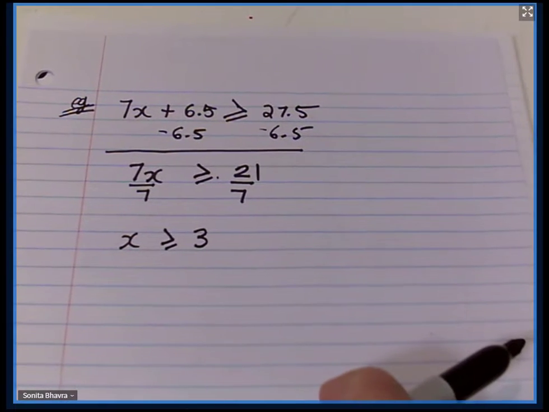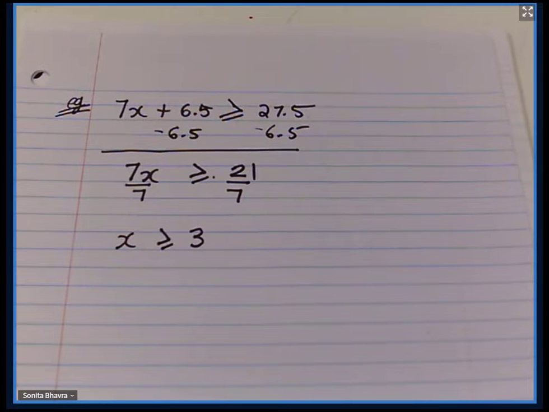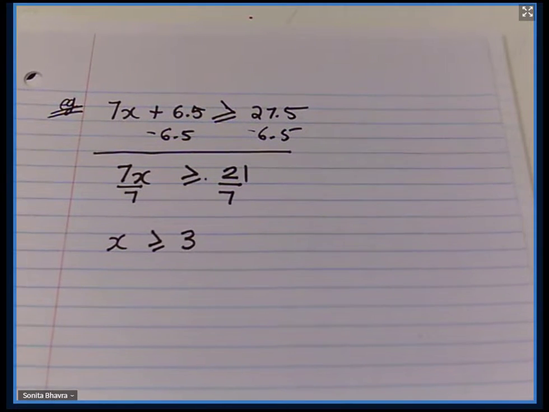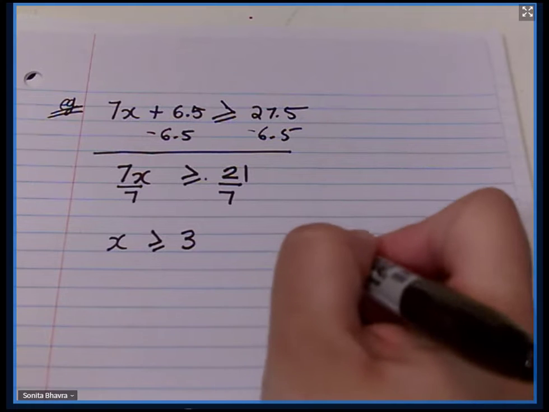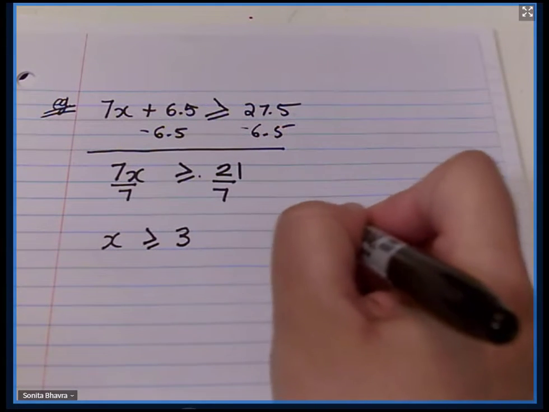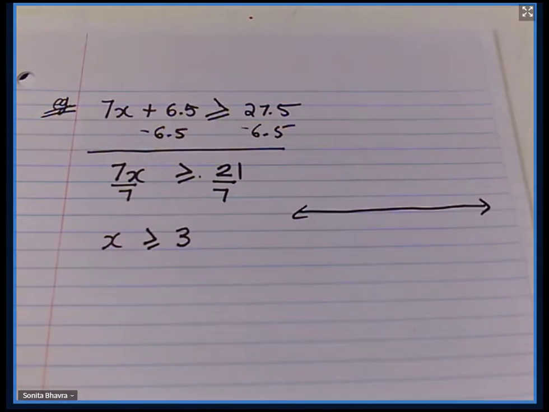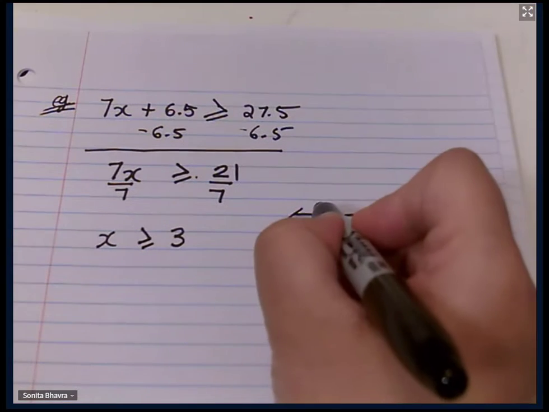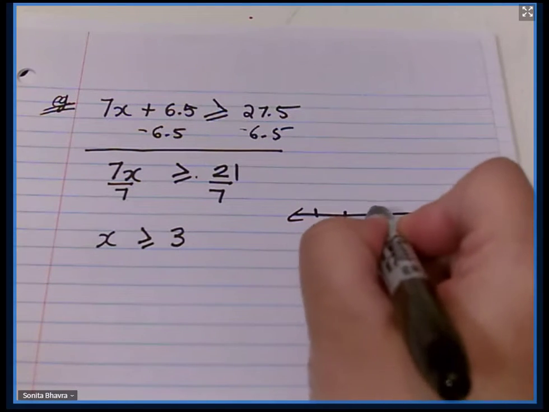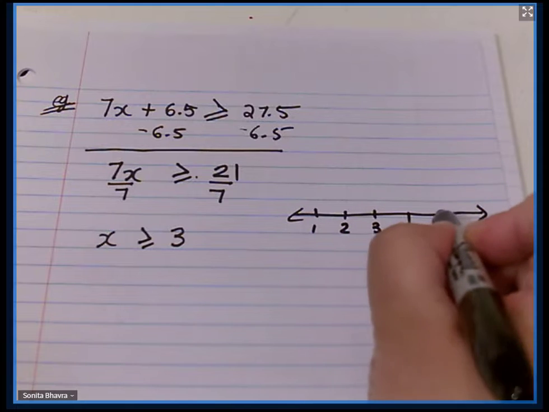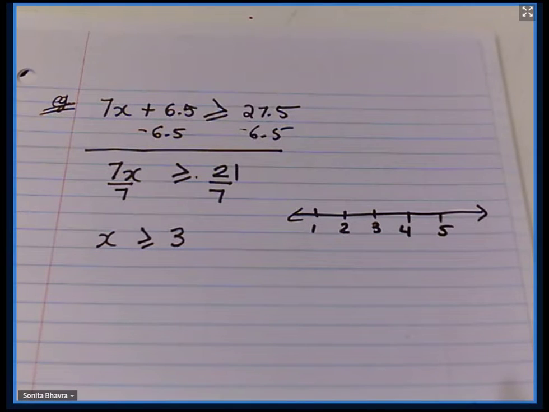Our next step is to draw out our number line, and x has to be greater than or equal to 3. I'm going to draw a number line like this: 1, 2, 3, and continuing.